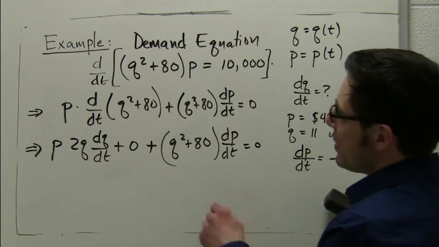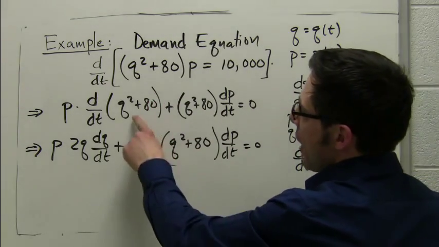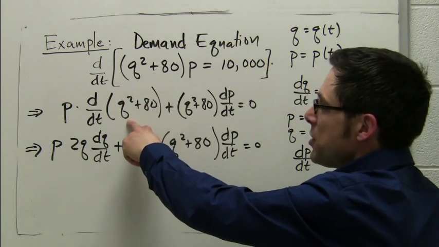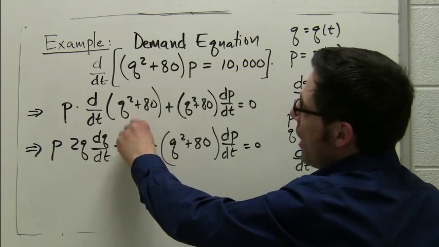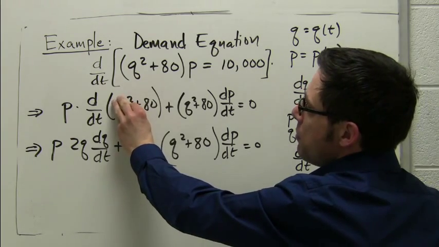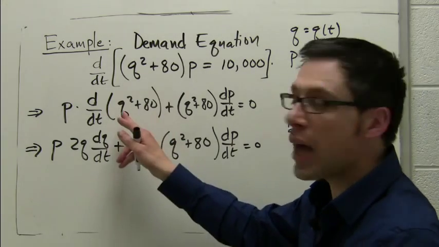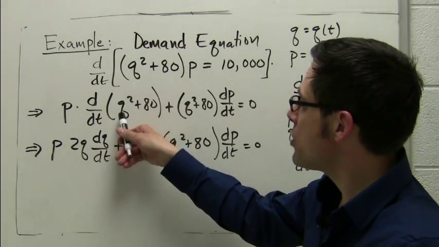Okay? So what I did here is, really this is a chain rule going on. I didn't explicitly write it down, but q is the inside bit, the outside is I'm going to square it. So I have to take the derivative of the outside, where q is my unknown.